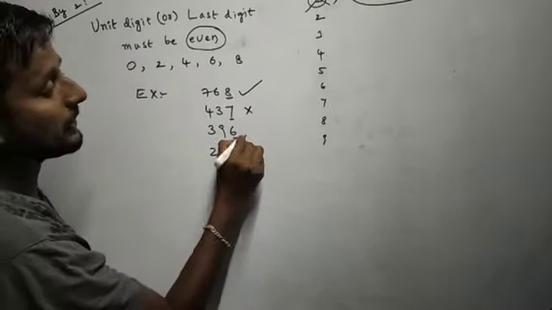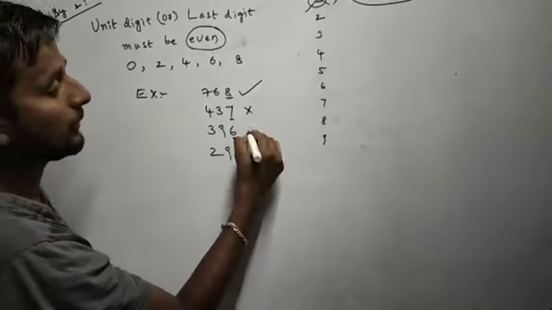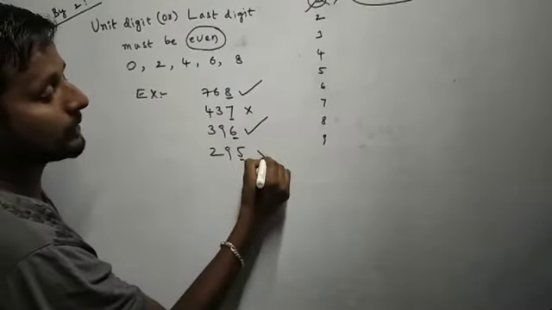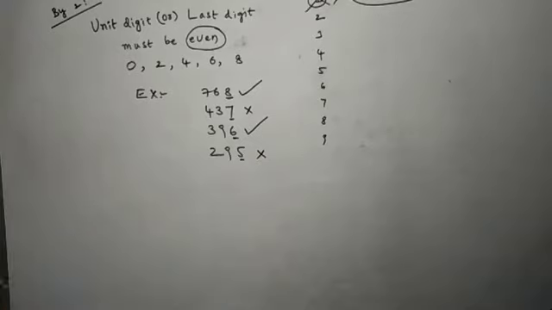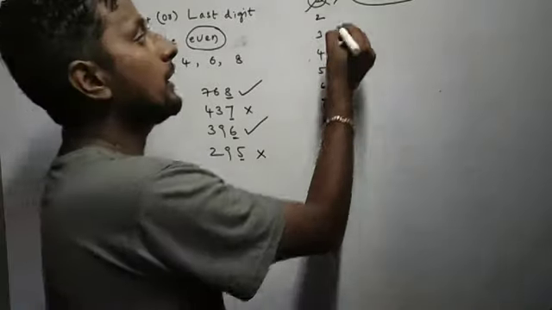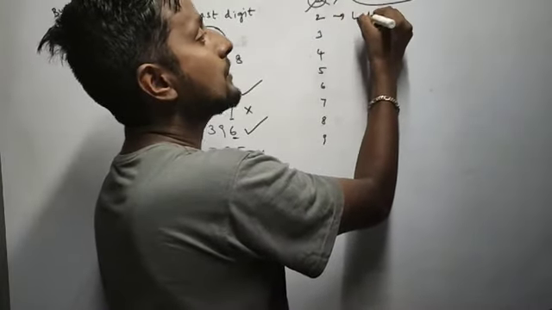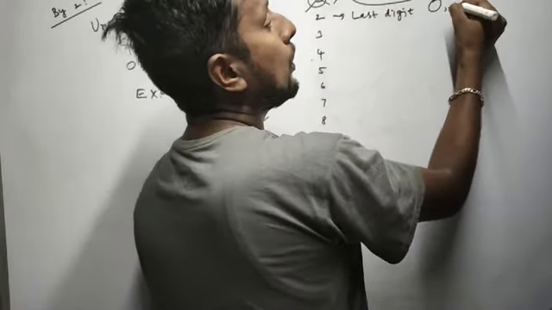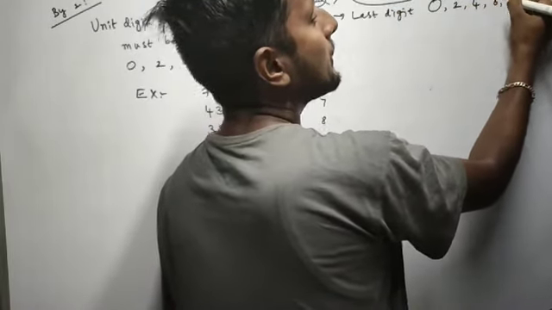If you go with a 6, 6 is also an even digit, so it is divisible by 2, and this one ends in 5, so it's not divisible by 2, right? So this is the divisibility rule of 2. Unit digit or last digit must be even. So here I'll write last digits either 0 or 2 or 4 or 6 or 8.